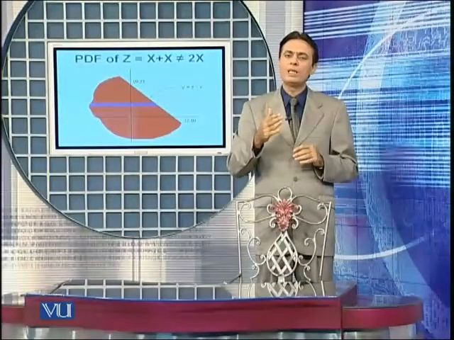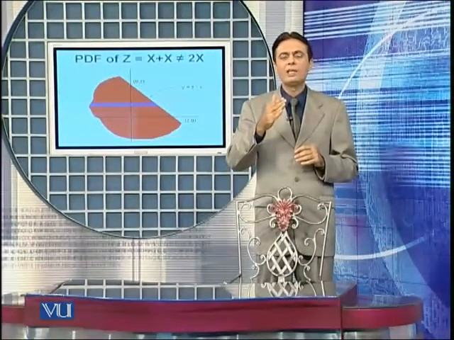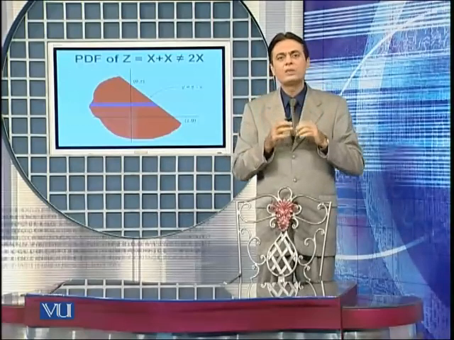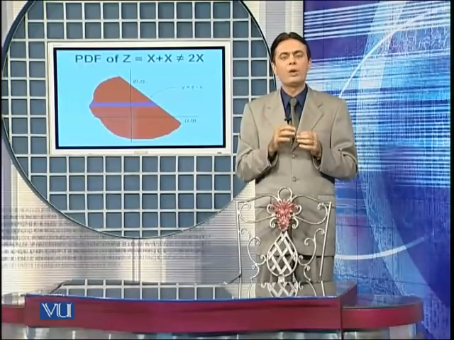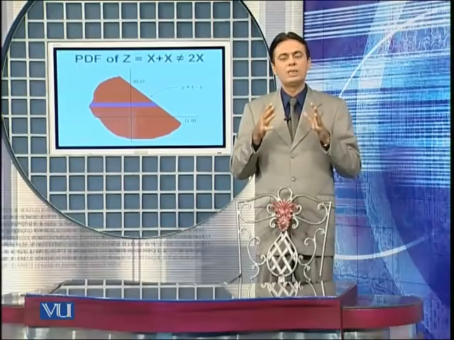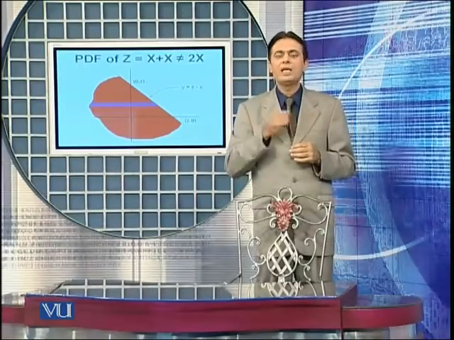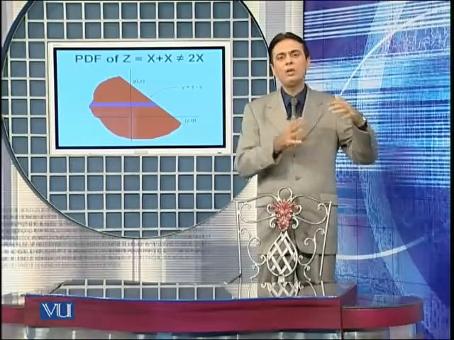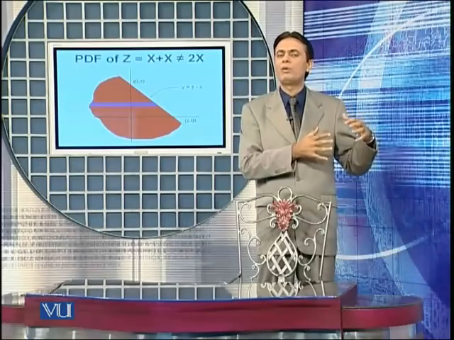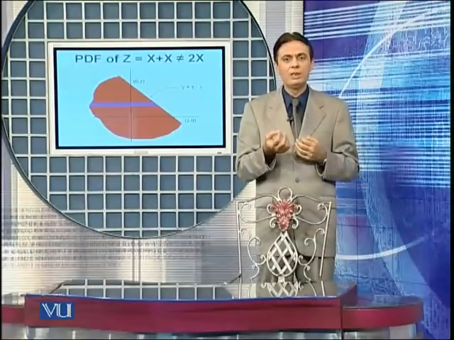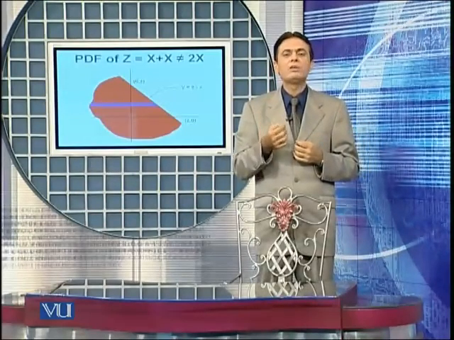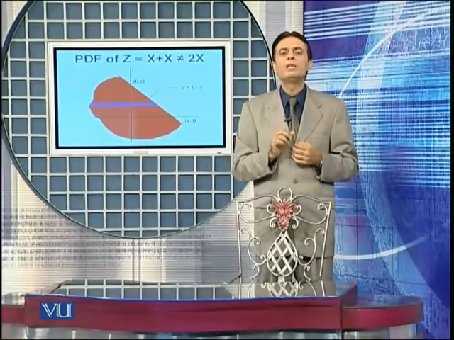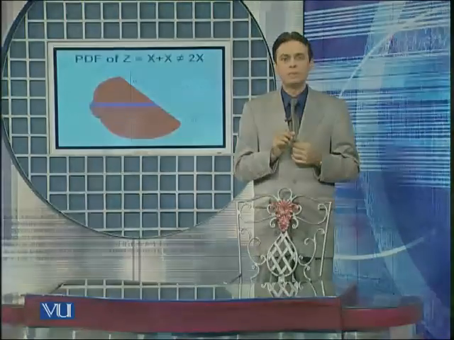And the appropriate manner is that you take a certain value of parameter z and see for all the pairs of x comma y or x1 comma x2 which give a sum which is less than this value of parameter small z, and integrate over all those points x comma y to find a number which will be a probability, which will be the value of the CDF of z at that particular value of the parameter small z.